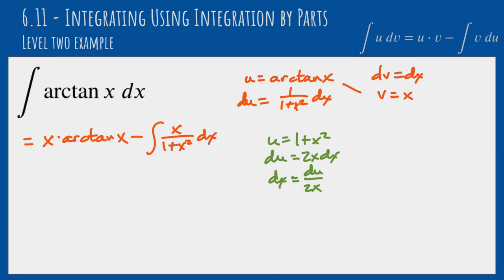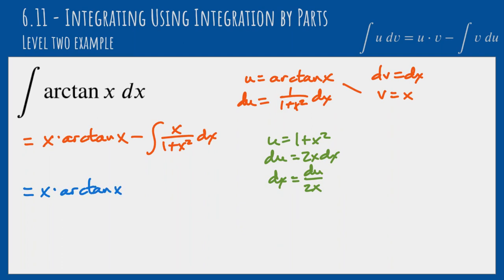Not the best practice. Might have been better if I had said this was v here, something like that. Actually, v would be bad because I used v over here. It is okay as long as it's clear, although technically not the best thing to do.